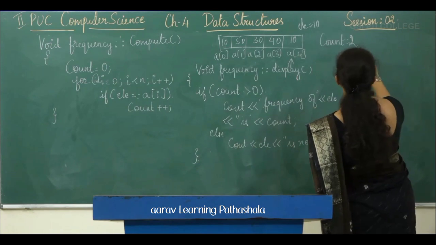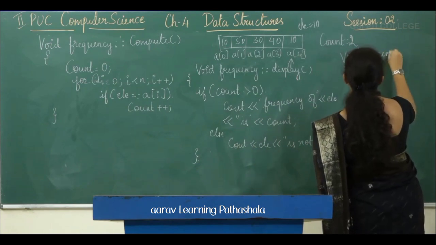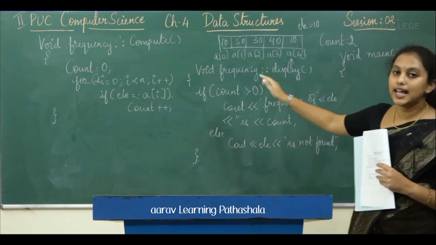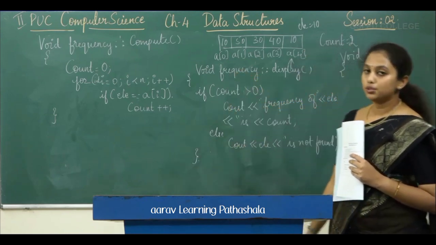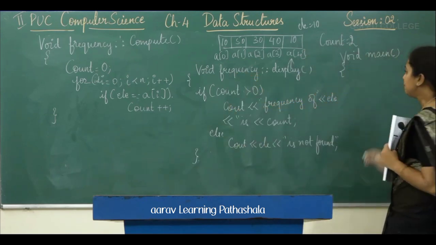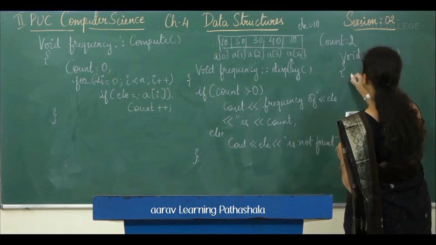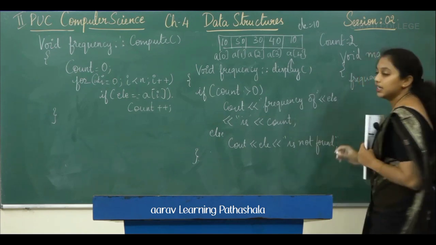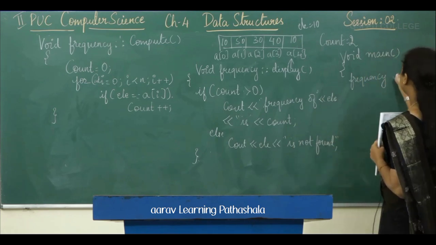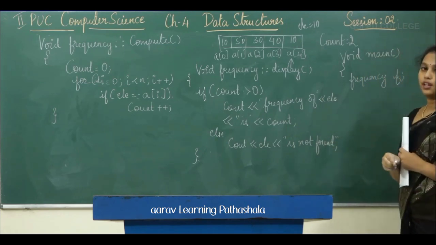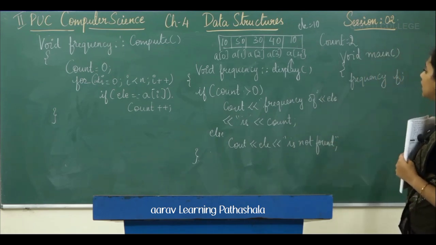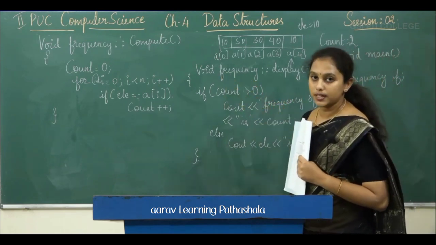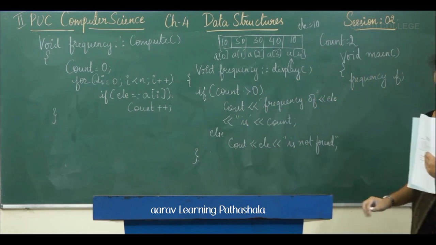Next, in the main function, we are going to create the object of the class frequency. So how to create the object of the class? First we have to write the name of the class, then the object name, that is f. Now I am going to call all the member functions of the class frequency. So how to call the functions?